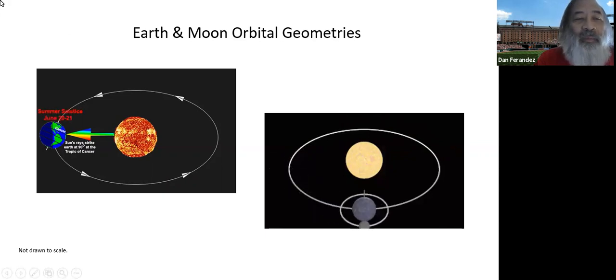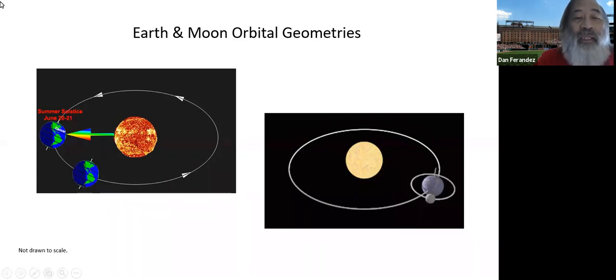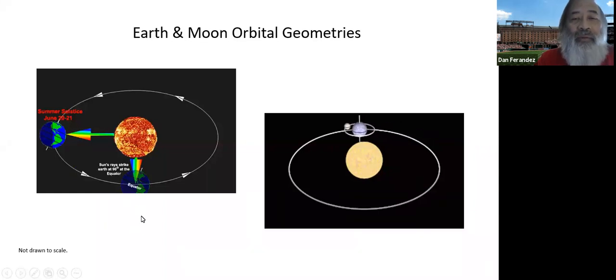And it's because of this tilt of our axis that we actually get our seasons. That tilt of the axis is about 23.5 degrees, the Earth's axis with respect to the Earth's orbital plane around the sun.